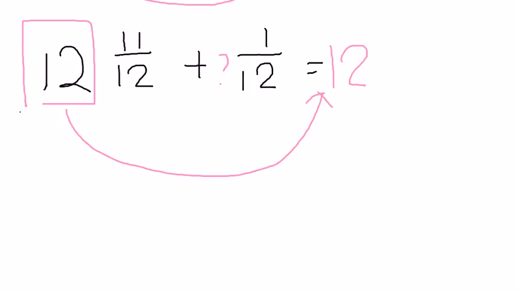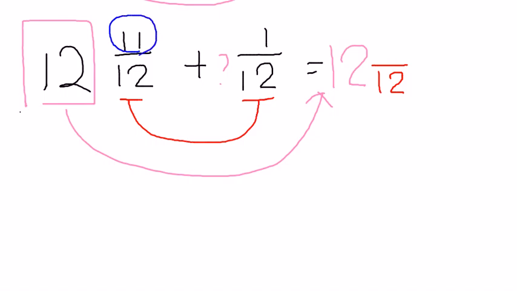Once that is done, you're only left with your fraction on both sides. So fraction plus fraction, check your denominator. Yes, it's the same number. So it's a smiley face, so I'm going to write a 12 here at the denominator as well. Once you're done, you can add up your numerator. So 11 plus 1 gives me 12.